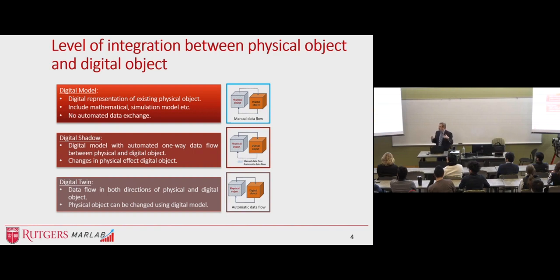The digital object will learn from the physical object and run a whole bunch of simulations, and the results are going to be autonomously fed to the physical object. This could be an aircraft. If you have a digital twin of an aircraft, you create it in this space, the metaverse, and then you can make all the changes to the aircraft digitally, see how it performs, and then you finalize your design.